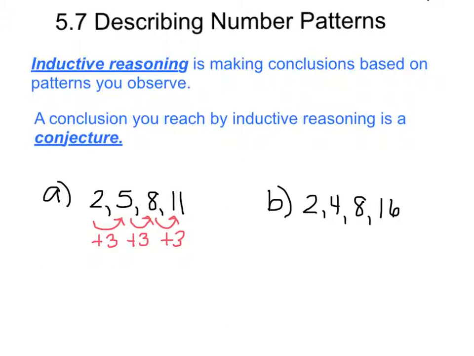Now, using that pattern to find the next 2 terms. What would the next 2 terms be in this pattern? Well, if we add 3 again, it's going to be 14 and then 17. So you just use inductive reasoning to make a conjecture. So B, what pattern do you see in B?